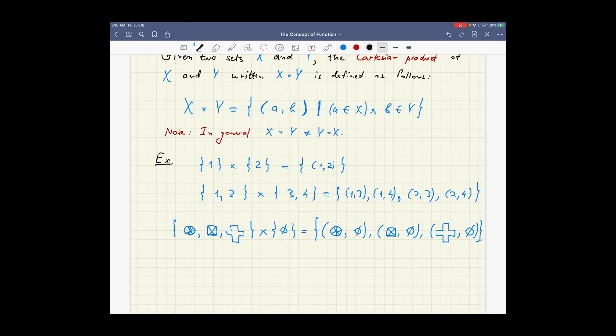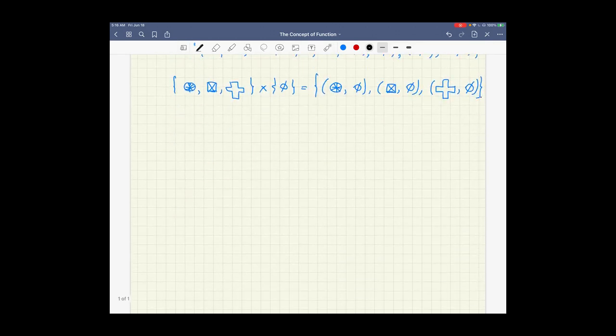All right, once we introduce the idea of Cartesian product, we should be able to introduce the idea of relation. A relation, let's call it R, is defined from a set X to a set Y. And I should have these words in red because this is part of the definition.